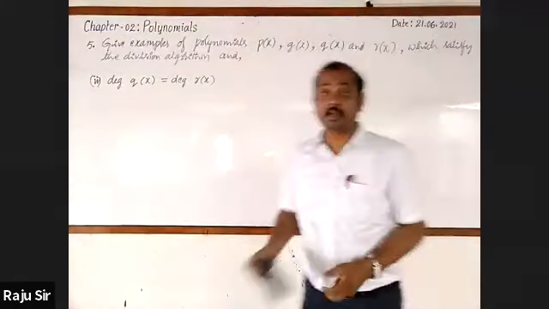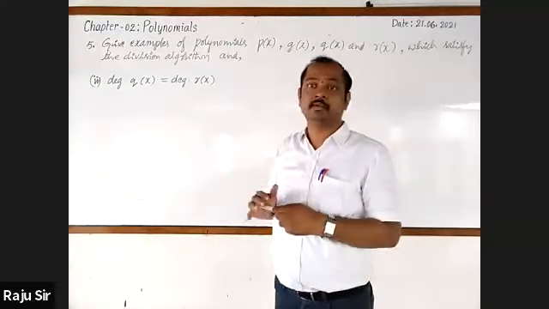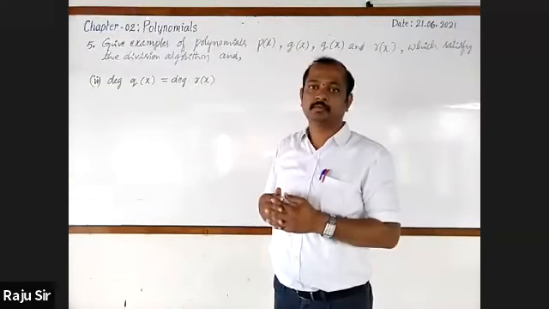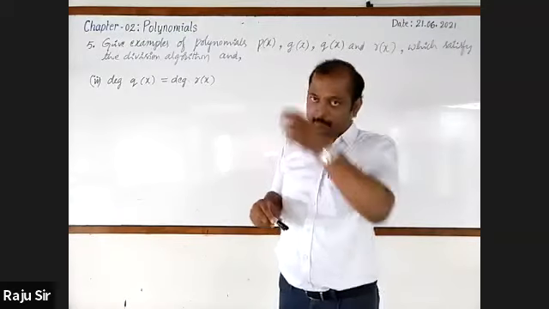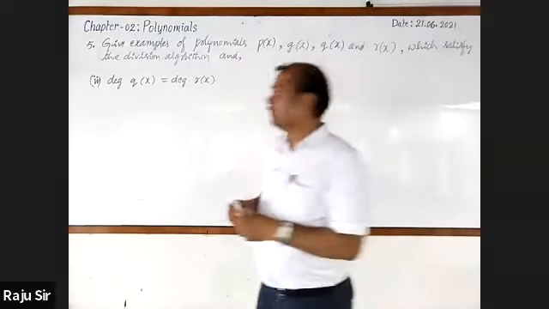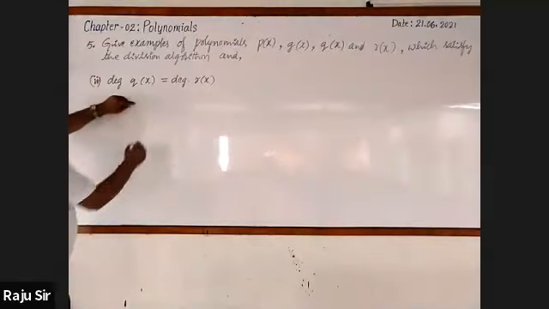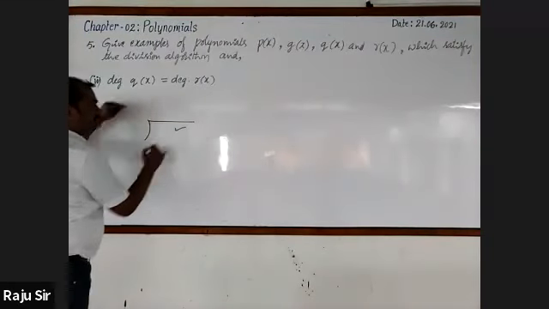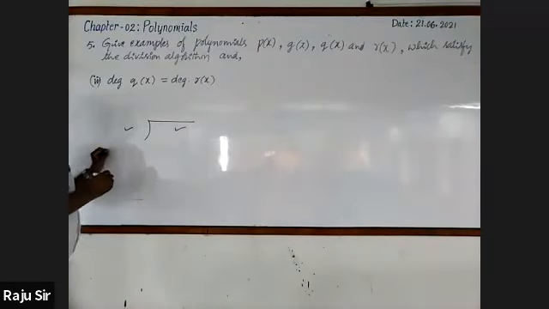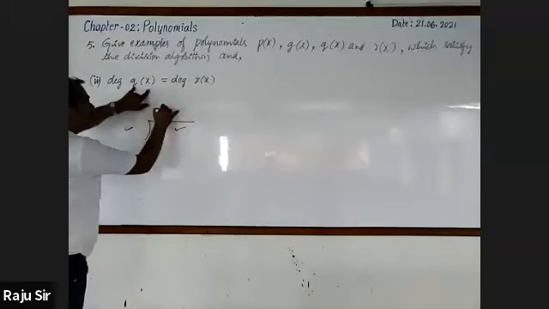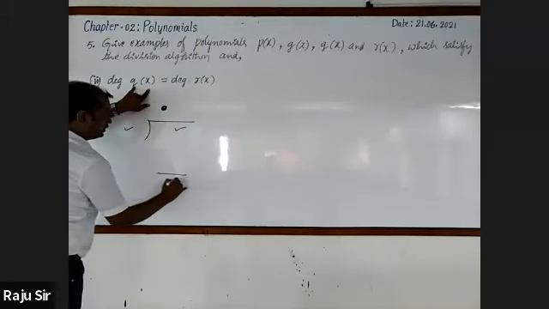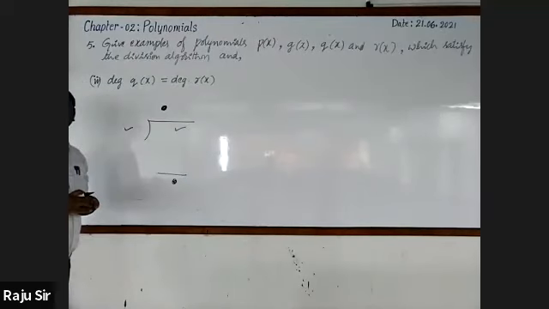Quotient and remainder, both should be the same degree. Observe. Here P of x, this is G of x. The condition is degree of Q of x should be degree of R of x.